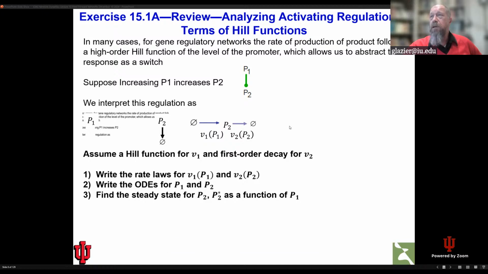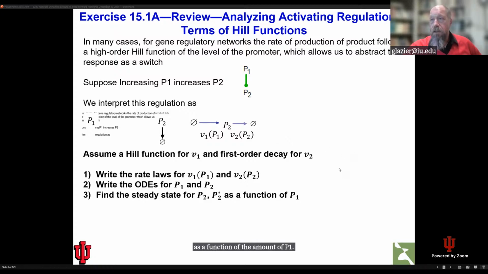So the first thing that we can do, just as a review, is remind ourselves how to write a Hill function of this. And so we're going to start out with P1 promotes P2. And now we want to write a Hill function for the production of P2 as a function of the amount of P1.